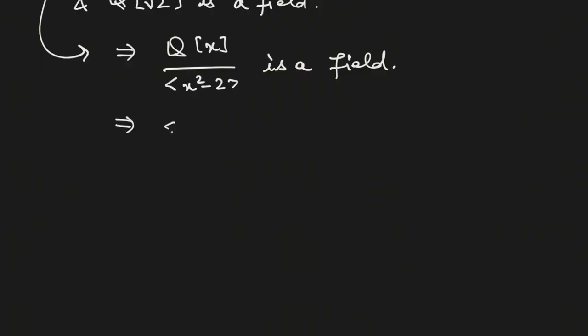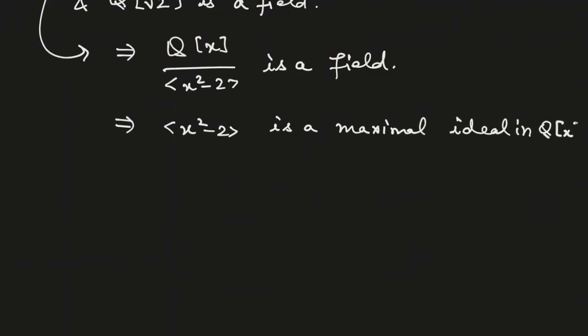So x square minus 2 is a maximal ideal in Q[x], because R by M is a field if and only if M is a maximal ideal in R.